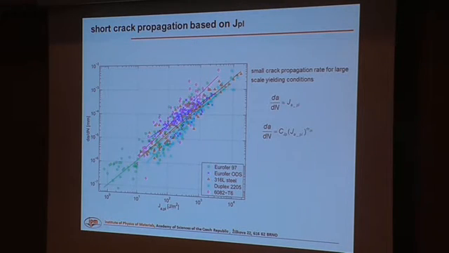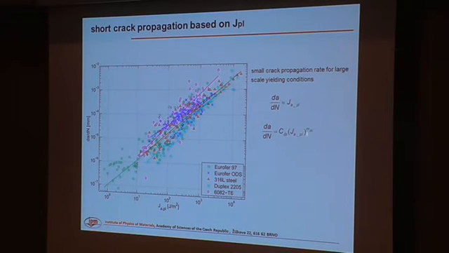So finally I plot a graph where the fatigue crack growth rate is plotted against the plastic part of the J integral. And at least we can say that it's possible to modify the Paris law for these small cracks in really low cycle fatigue conditions where there is big plasticity around.